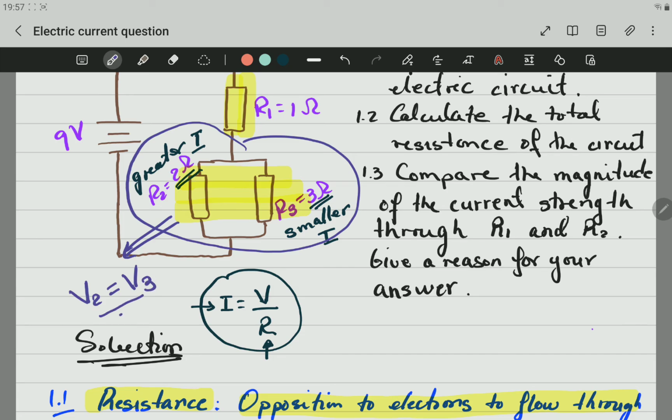So if potential difference is constant, then we can apply this formula here. For V constant, the bigger the R, the smaller the I. The smaller the R, the bigger the I. So I hope you understand, and that's all about this question.